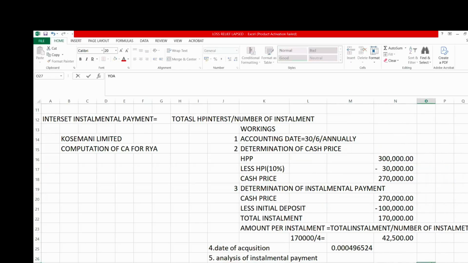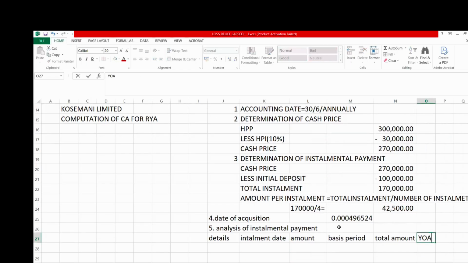Look at it. The agreement started on 1st January 2014. So the first thing he is going to pay is the initial deposit.